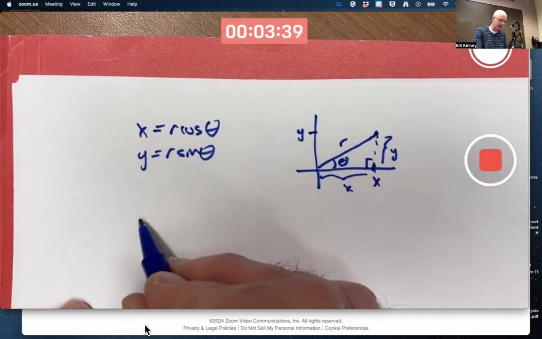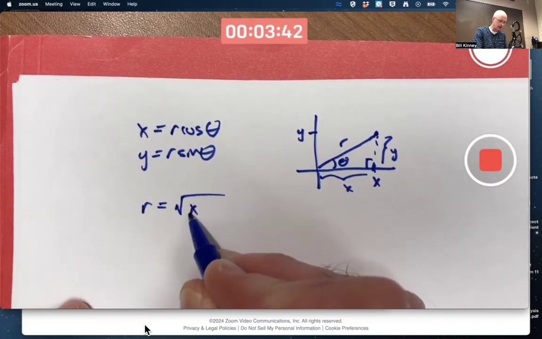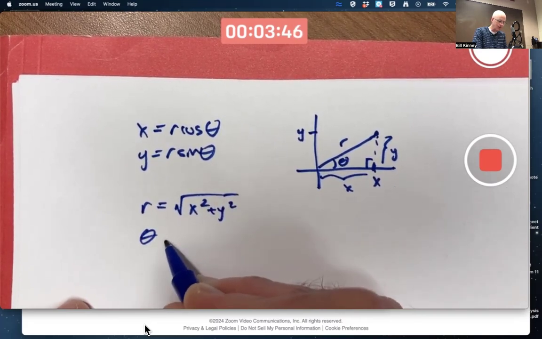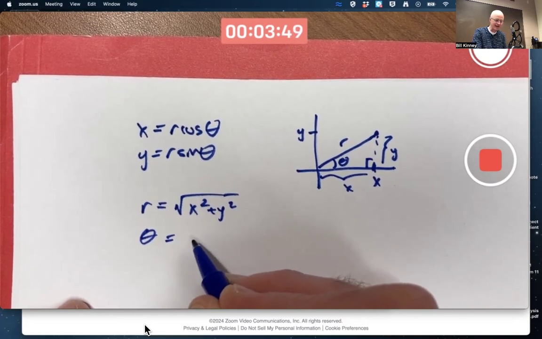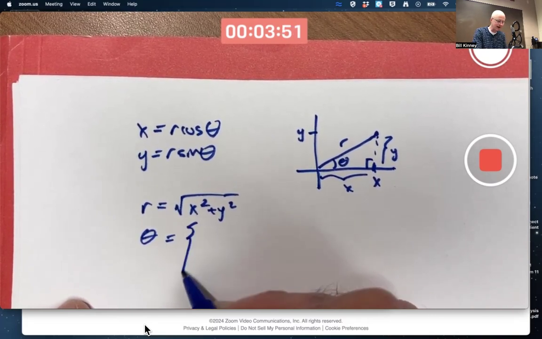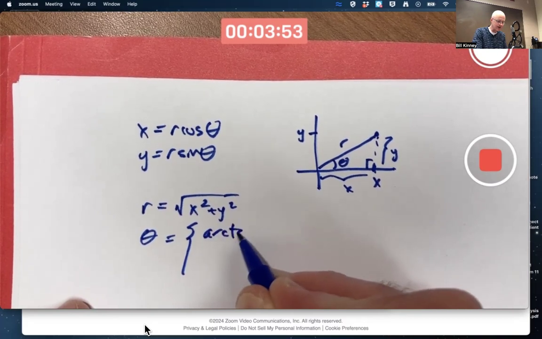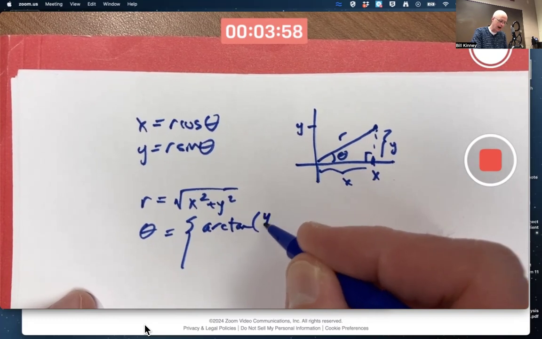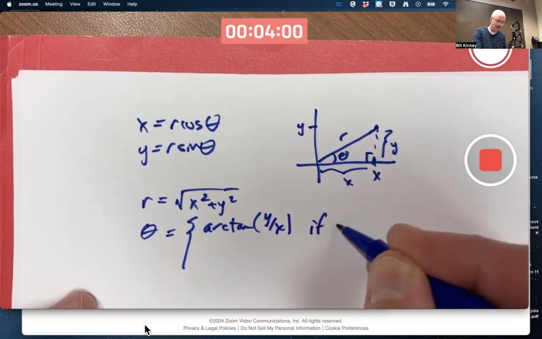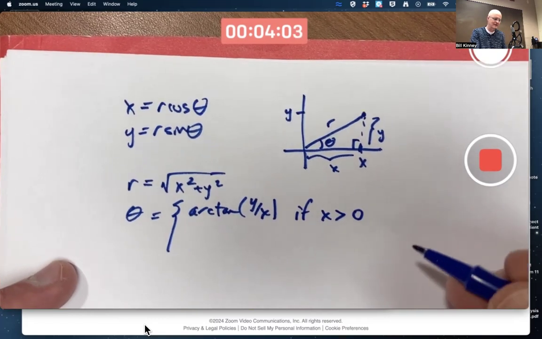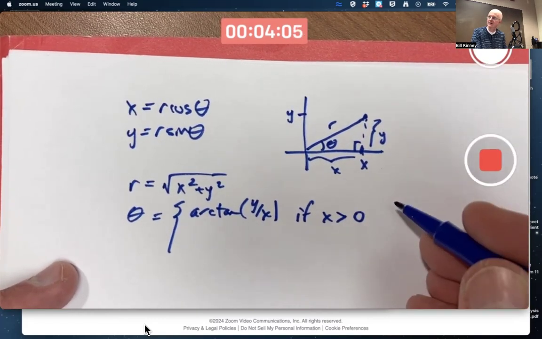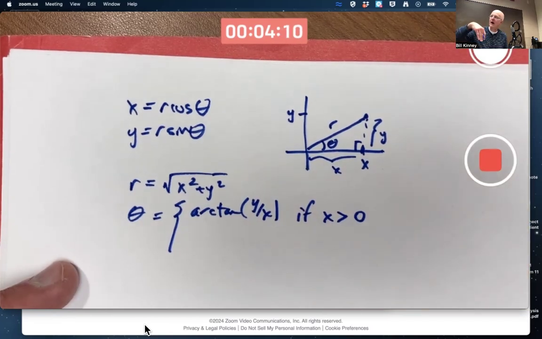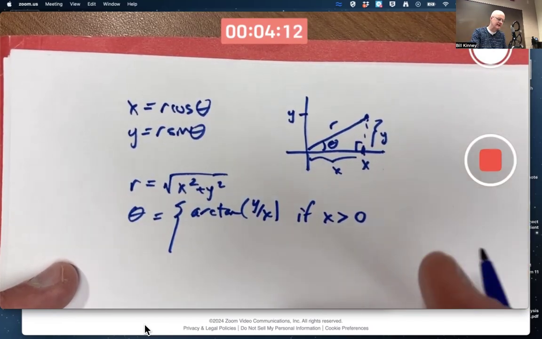But also from the Pythagorean theorem, r is the square root of x squared plus y squared. And theta, well, this is a little funny. If you want to be extra precise about it, it's arctangent or inverse tangent of y over x if x is positive, so that you're in the first or fourth quadrant, because arctangent always gives you an answer back between negative pi over 2 and positive pi over 2 radians.